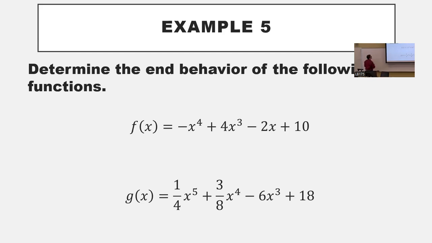I'll do them very quickly. f of x is equal to negative x to the fourth plus 4x to the third minus 2x plus 10. And then g of x is 1/4 x to the 5th plus 3/8 x to the 4th minus 6x to the 3rd plus 18.